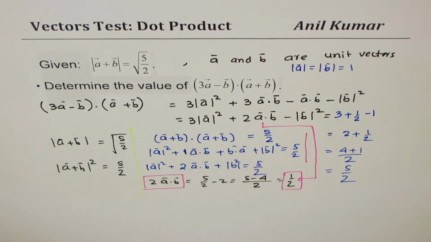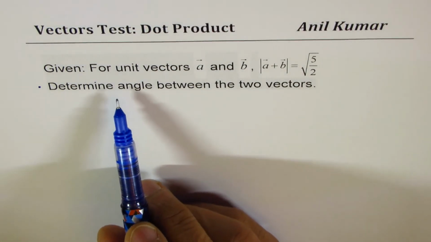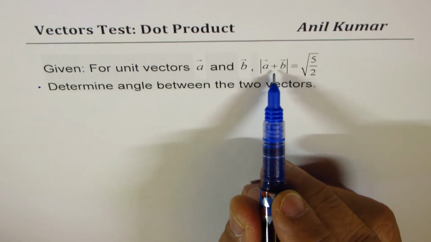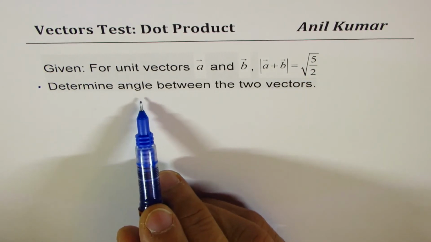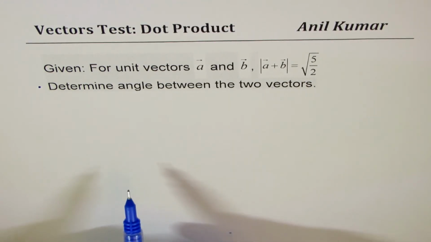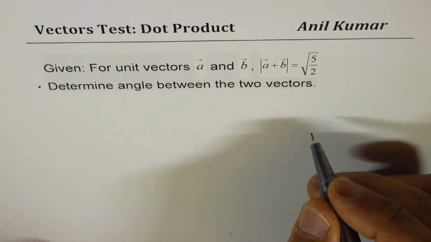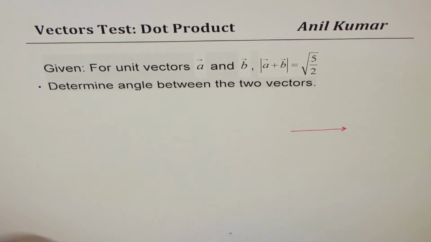Okay, so now let's find the angle between the two vectors. Let's get back to our question, which is we are given vectors A and B. Magnitude of their sum is square root of 5 over 2. We need to find the angle between the two vectors. So let me sketch to understand the scenario. Let's say this is vector A, whose length is 1 unit, right?